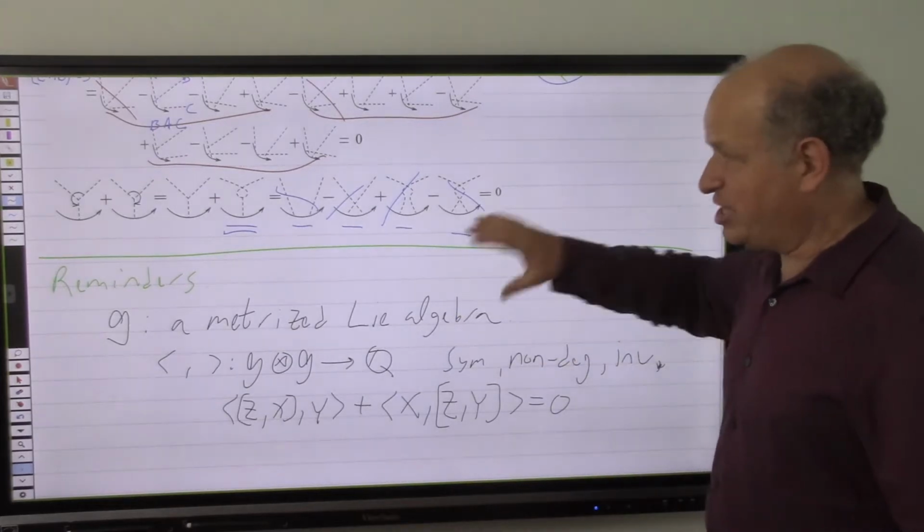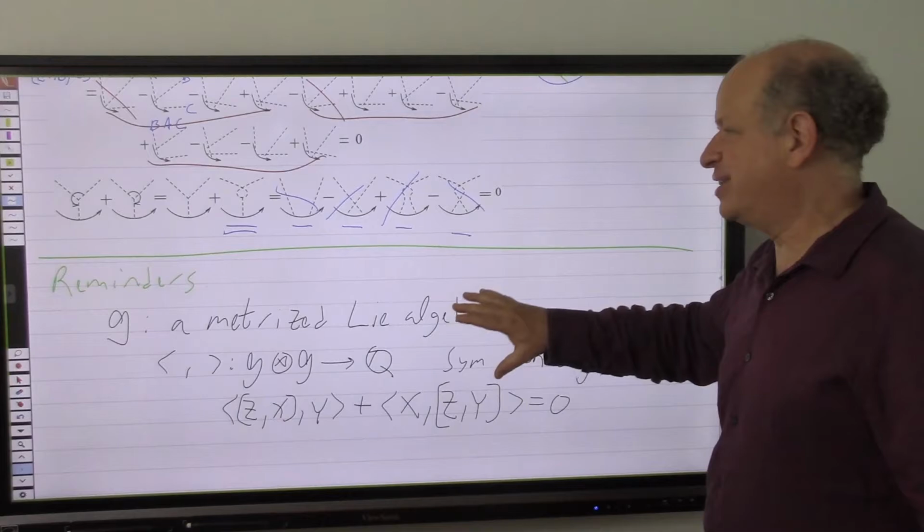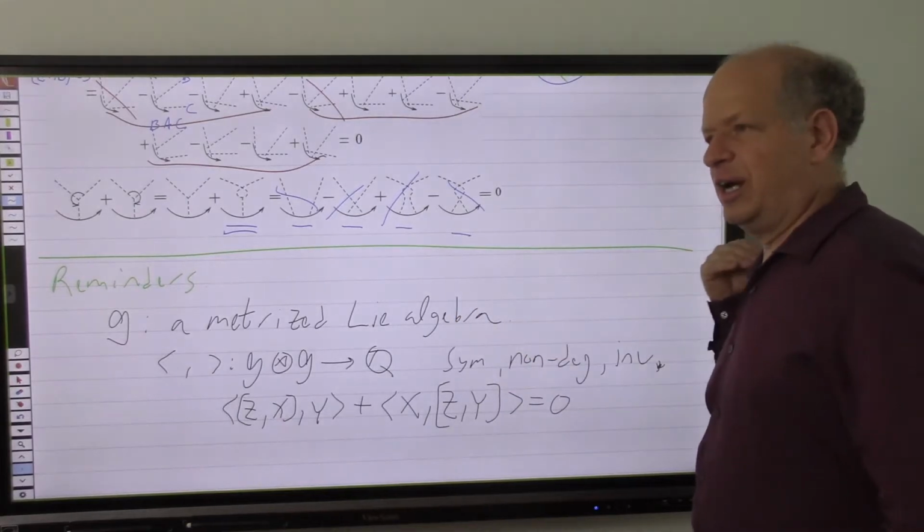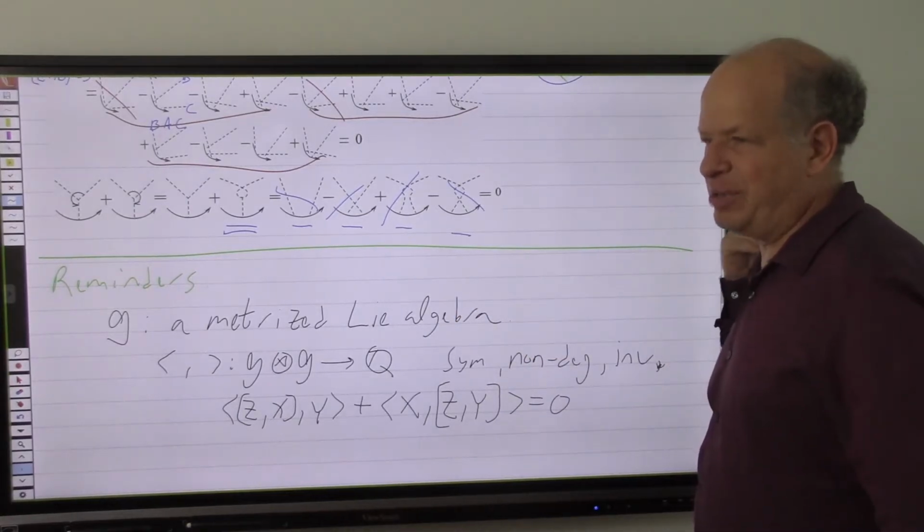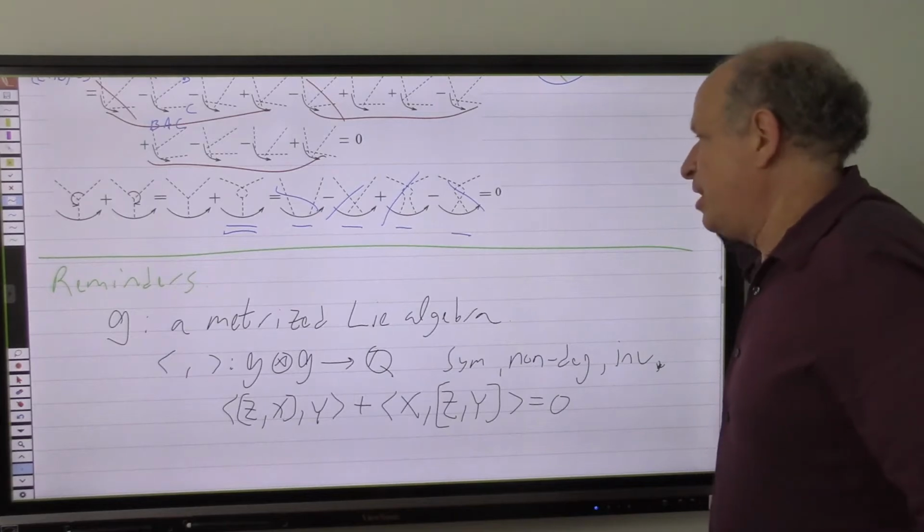And in fact, there is more. There are some metrized Lie algebras that are not among that family, and maybe we'll get to them later.